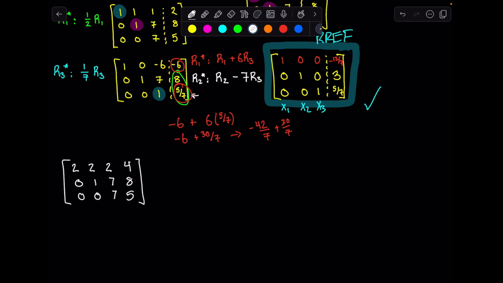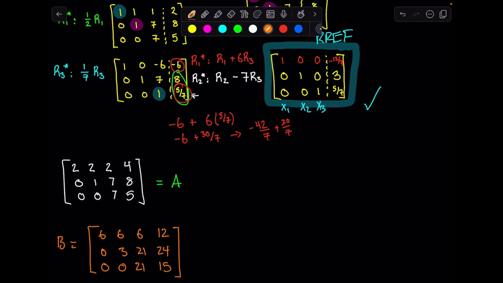Let's say this is called my matrix A, and I create a new matrix B that looks like 6, 6, 6, 12, and 0, 3, 21, 24, and 0, 0, 21, 15.